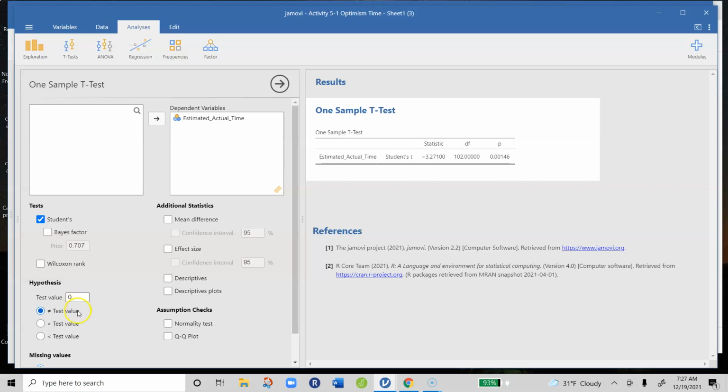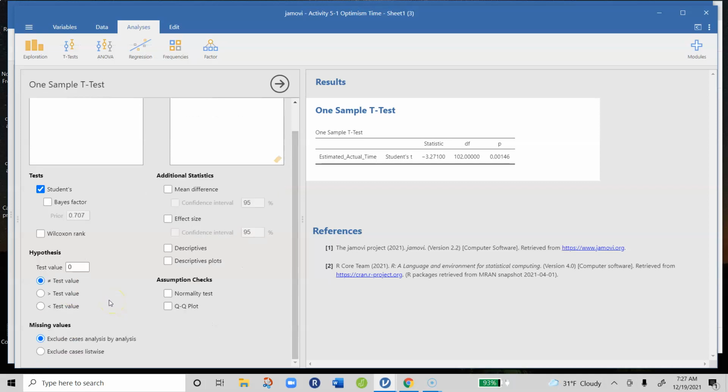Okay. Below this, it gives us a variety of different options for two-tailed and one-tailed test. In this example, we're doing a two-tailed test. Okay, so we're testing to see if our actual sample value is not equal to that 0 value. Okay.